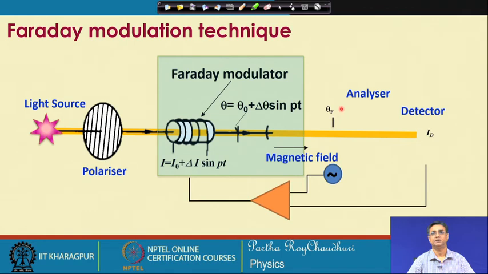Because it is placed between a polarizer and an analyzer, the intensity also changes. This change in intensity changes the detector current, which is added through an op amp in the differential mode, and you get the Faraday rotation measurement.